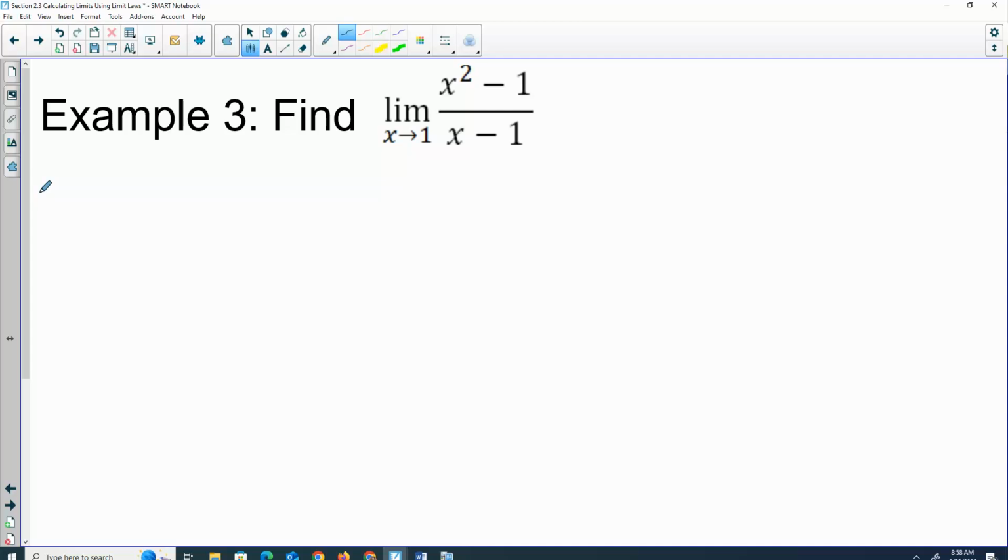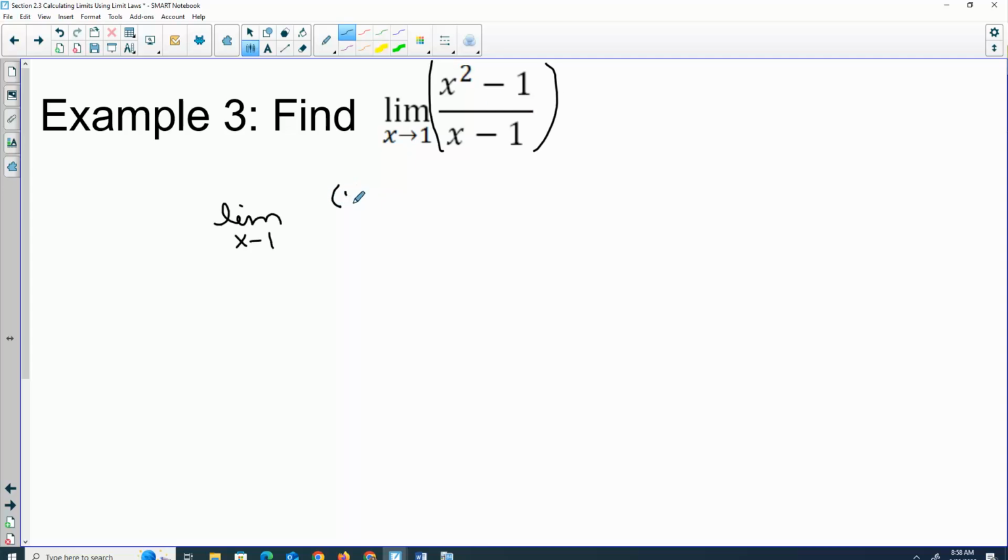So does that mean I can just plug in my 1? No. Why? Bottom is equal to 0. So direct substitution says you can plug it in as long as it's not a domain issue. Okay, so let's use algebra. Is there anything I could do to this expression that might help me?